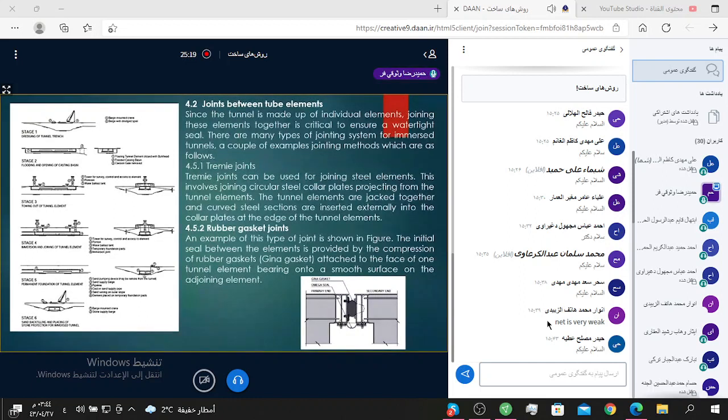There are many systems, for example, and one joint we use for the element. An example of this is that the seal between elements is provided by compression of a rubber gasket on the joint.